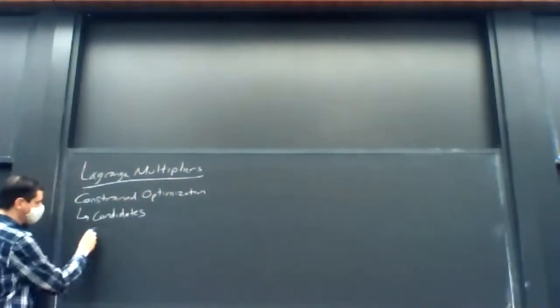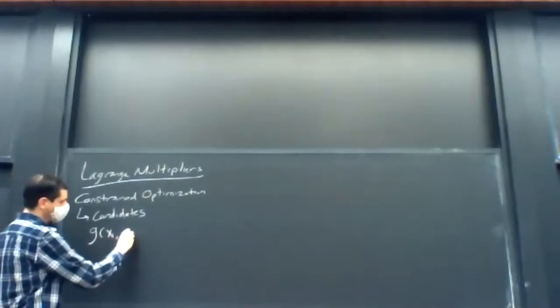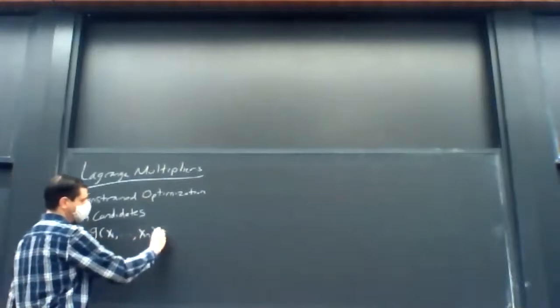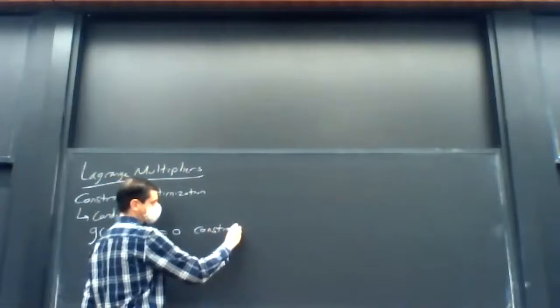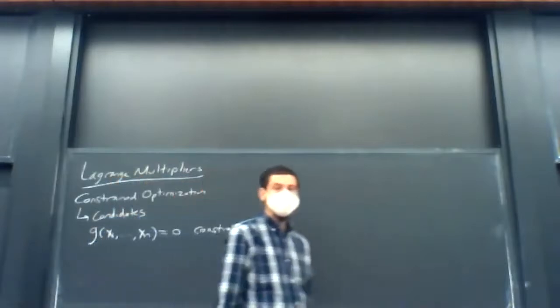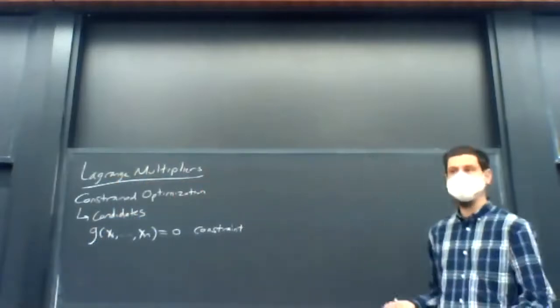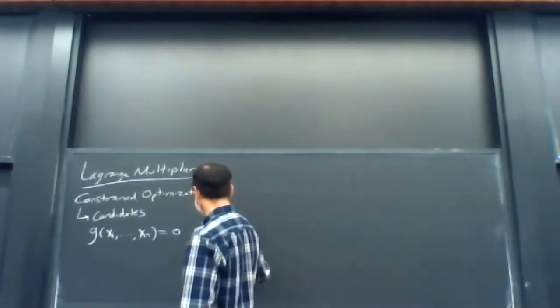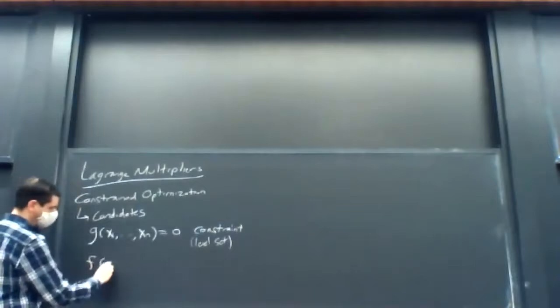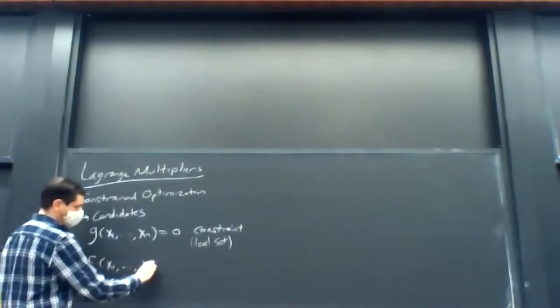And so the idea is you have, say, g of x1, ..., xn equals 0. This is the constraint. Instead of equaling 0, it could equal some number c. So you should think of this as a level set. And then you have some function, f of x1 to xn.